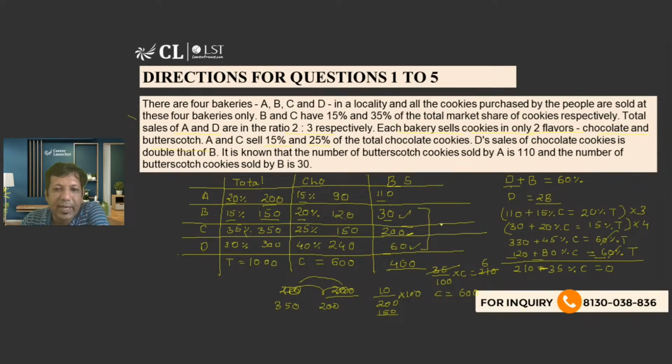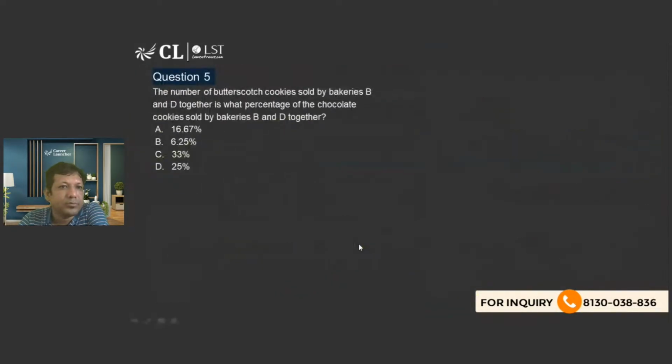I would say that is 90. And total number of chocolate are 360. So I am going to say 90 is what percent of 360. So that is 90 upon 360 into 100, and that comes out to be 1 by 4. So that is going to be option D, that is 25%.